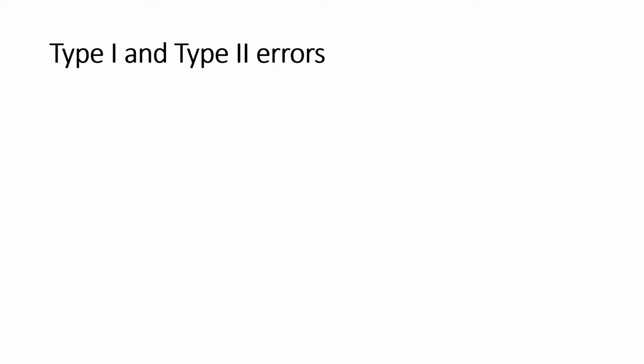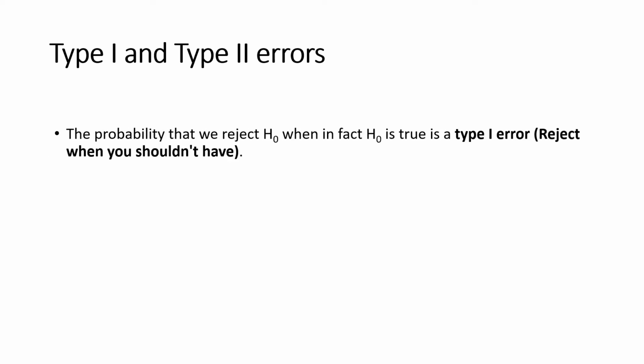So now for more formal definitions of type 1 and type 2 error. The probability that we reject the null hypothesis when the null hypothesis was actually true, that's a type 1 error. Reject the null hypothesis when you shouldn't have. Now notice that it says probability. When you set your significance level, you're setting a probability to reject the null hypothesis.